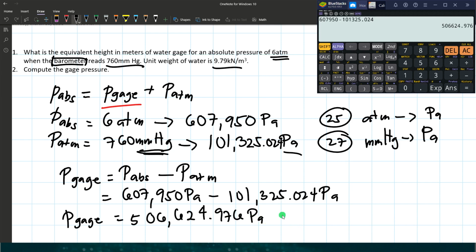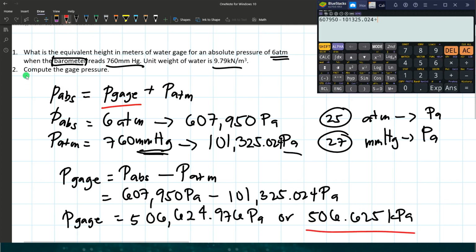Or if we convert this to kilopascal, just divide by 1000. That's 506.625 kilopascal. So we already have the answer for the gauge pressure.